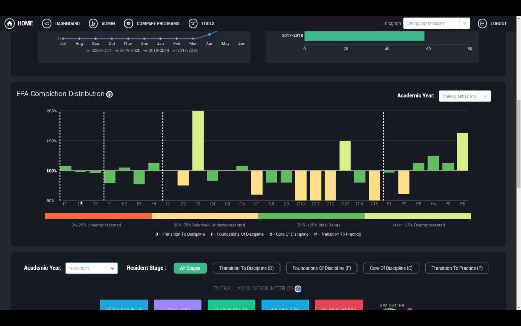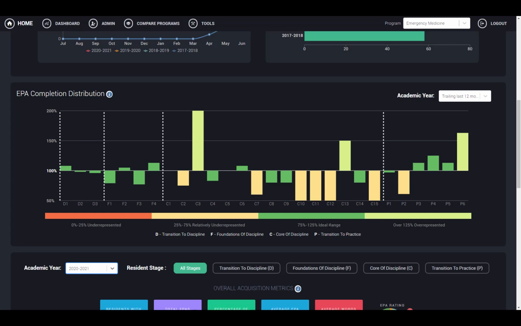For example, these EPAs are underrepresented, while these other EPAs are overrepresented as they go over 100%. The bars themselves are colored to indicate the degree of divergence from the assessment plan. So EPAs completed at greater than 125% of their expected rate relative to the other EPAs are colored light green.